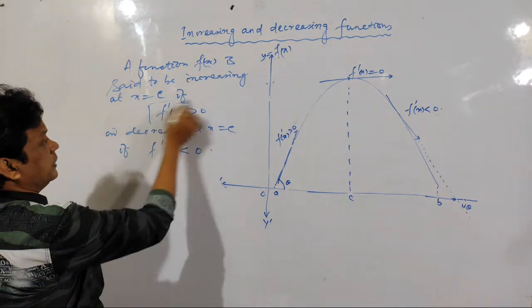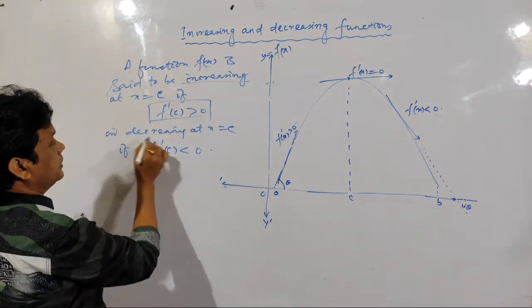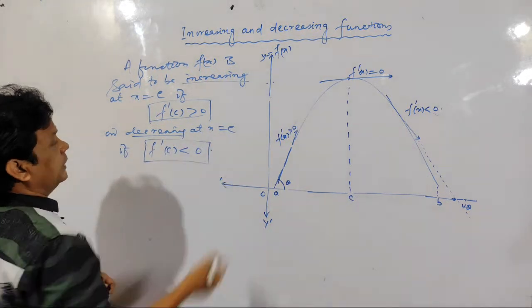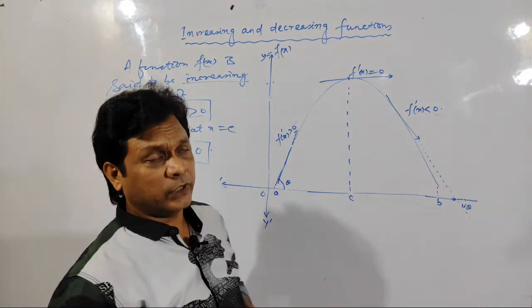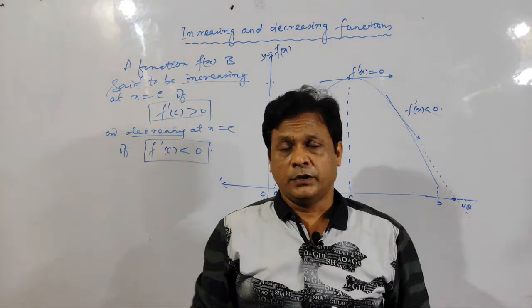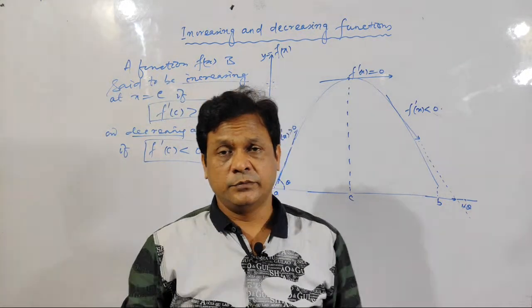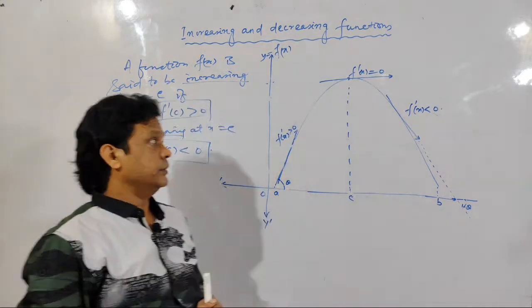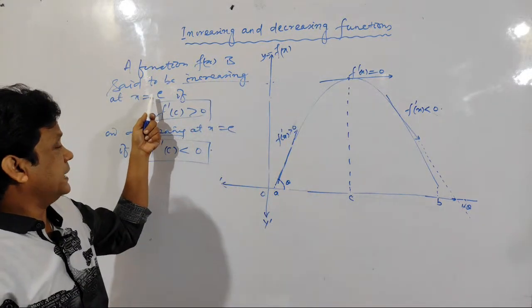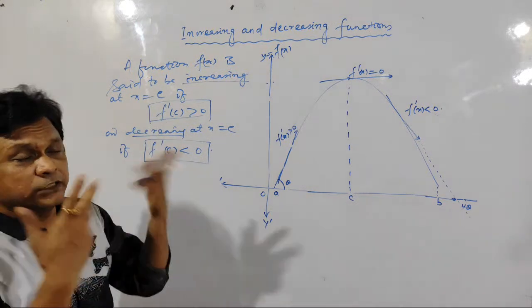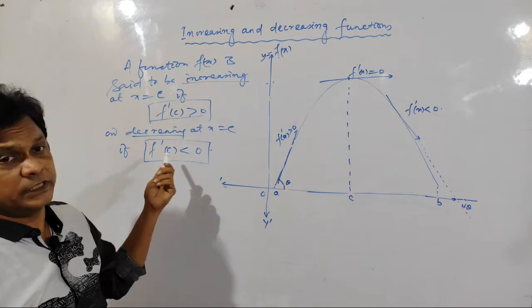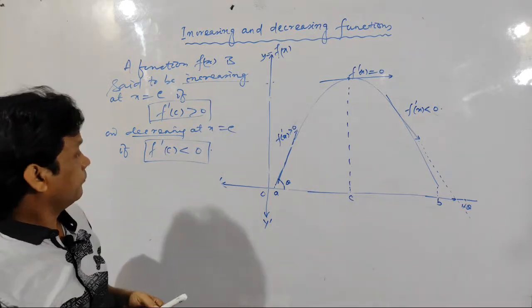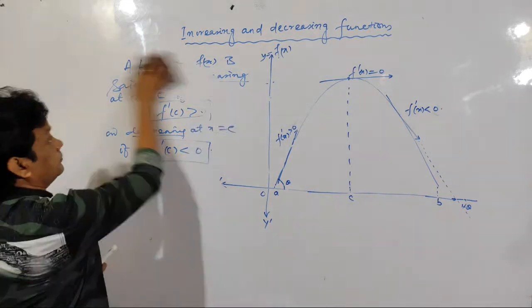That means this is the definition for increasing and this is the definition for decreasing. These are the two conditions for increasing and decreasing at a particular point, that means at x is equal to c, whether the graph is increasing or decreasing. If the derivative is positive, then it is increasing. If the derivative is negative, it is decreasing.